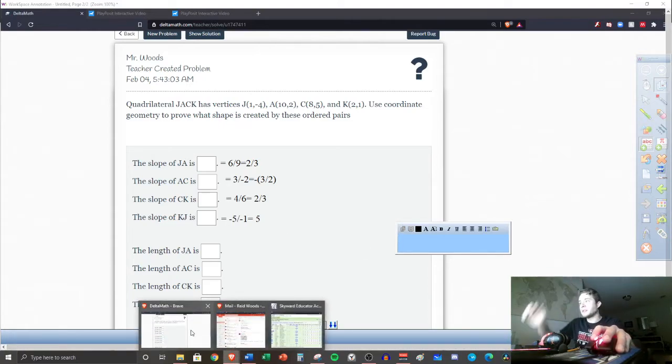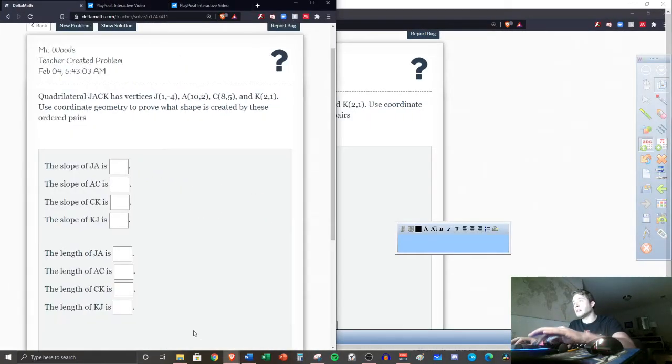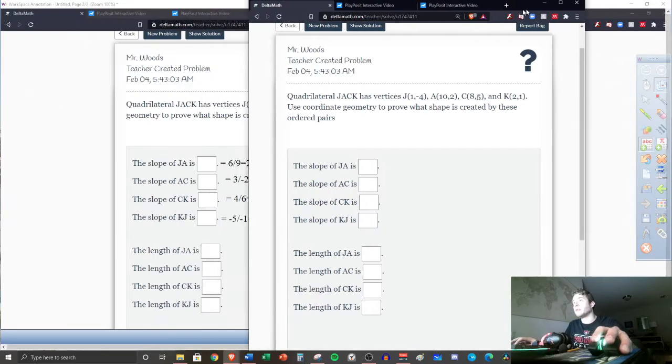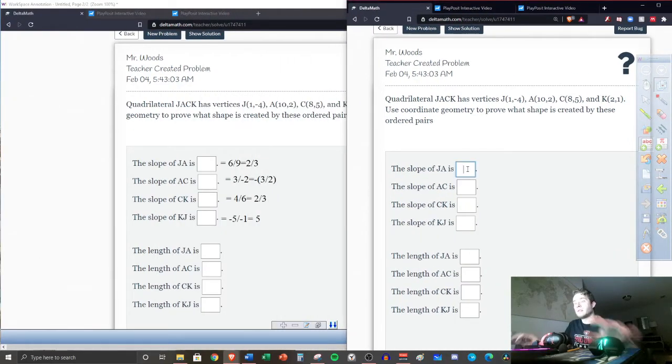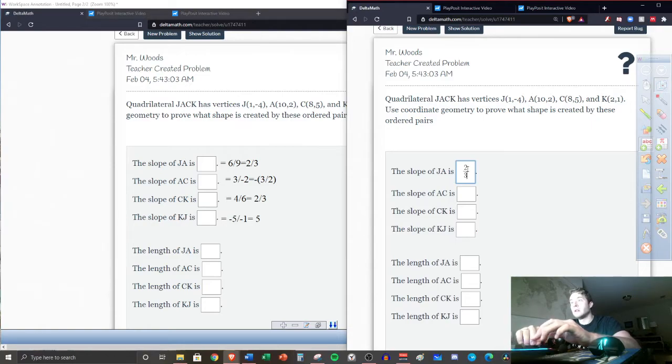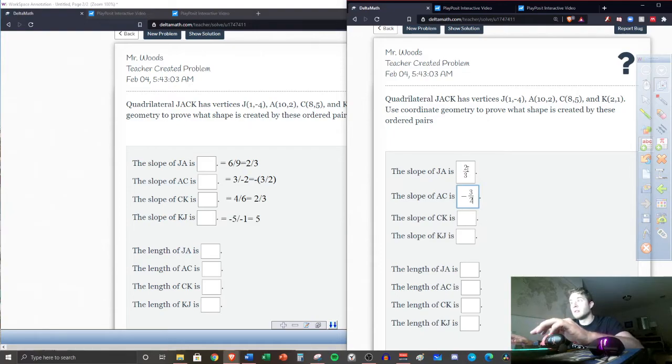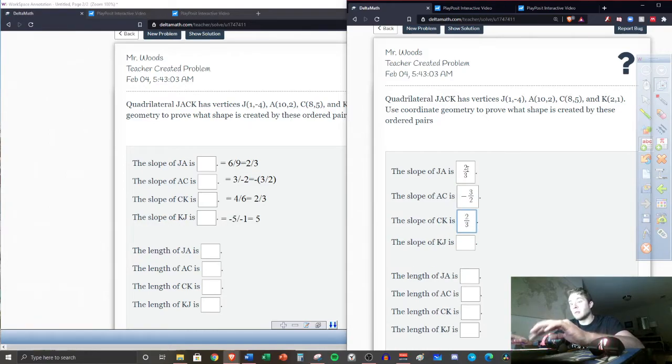I'm gonna go ahead and type those into Delta Math. Let me move it over here. So we have 2/3, tap down, -3/2. We have 2/3, and then we have +5.